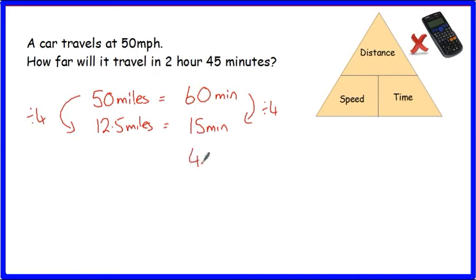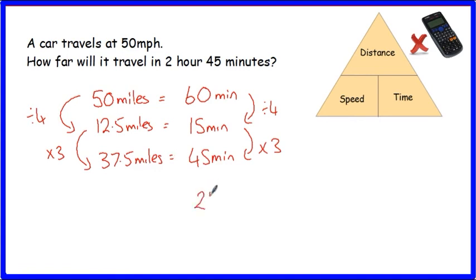So 45 minutes will be times by 3. It's 37.5 miles for 45 minutes. And then don't forget the 2 hours. But the 2 hours is going to be double the 50 miles, which is 100 miles.